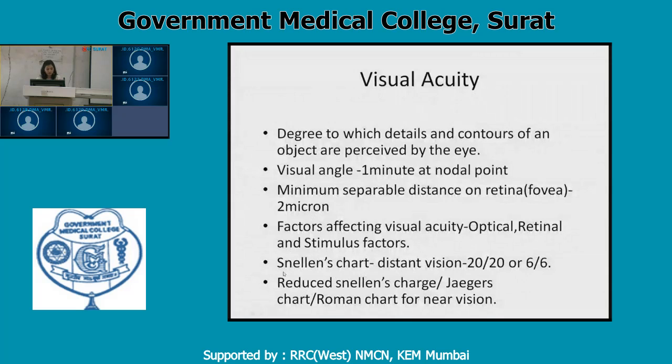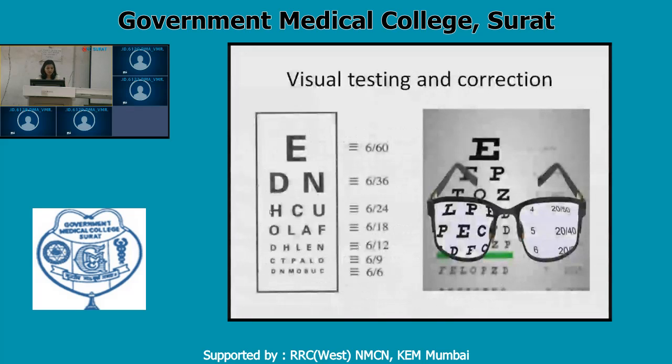Distant vision is estimated by using a Snellen's chart, which you must have seen. Different sizes of letters are written on this chart. The biggest one is 6/60, meaning you are viewing it from 6 meters or 20 feet distance. Normal vision is said to be 20/20, meaning from 20 feet the person can see the 20 letter.